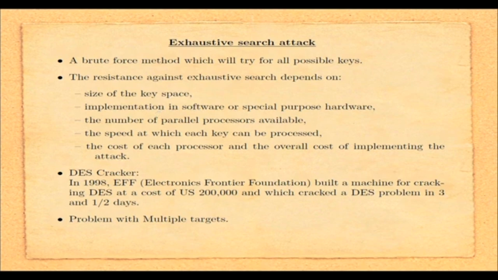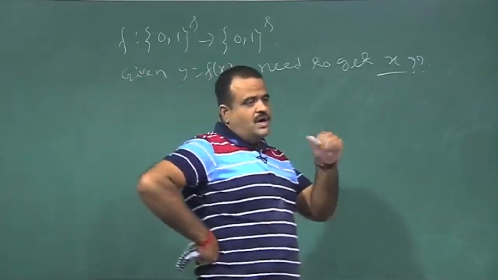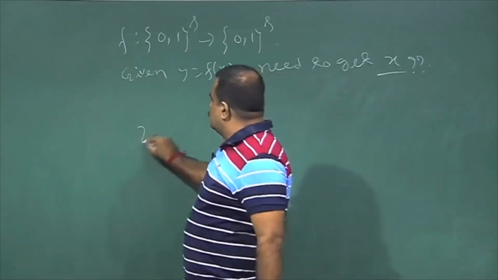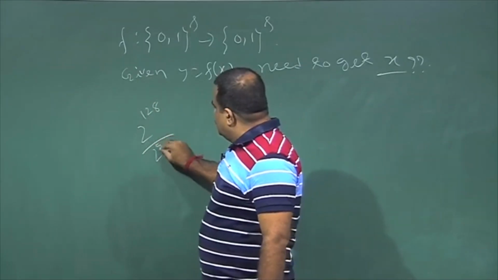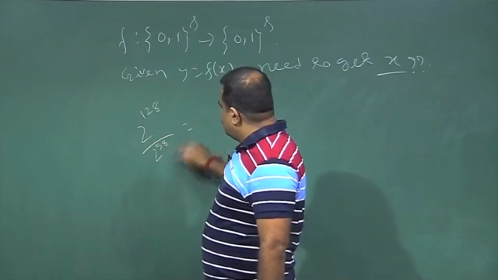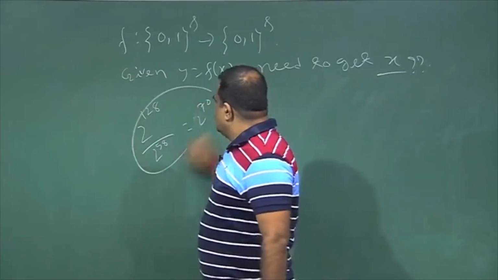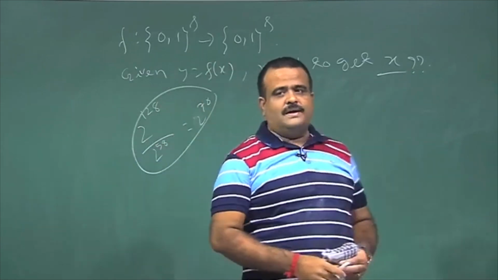Even with parallel processing, if the size is very big, like for AES, the key size is 128, so it is 2 to the power 128. Even if we have, say, 56 processors running in parallel, the time is 2 to the power 70, which is huge. So, exhaustive search will not work on AES.